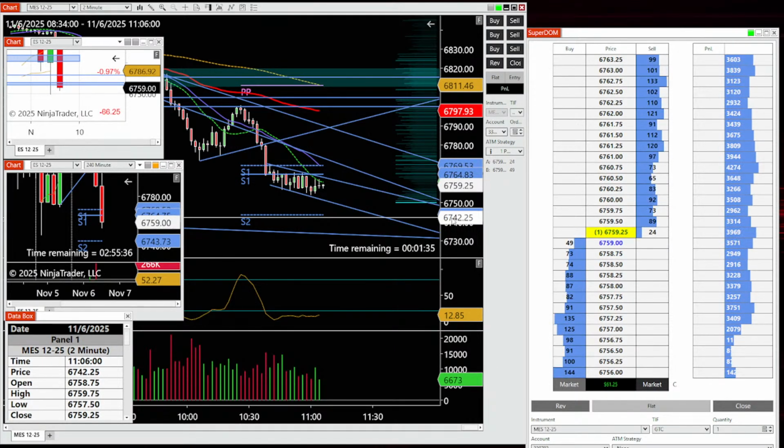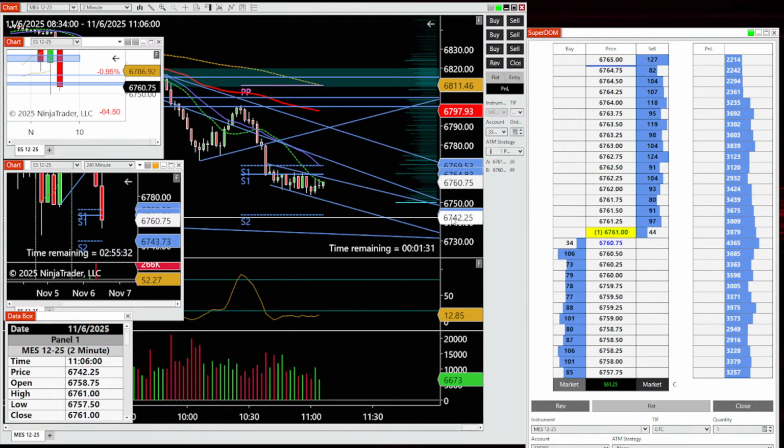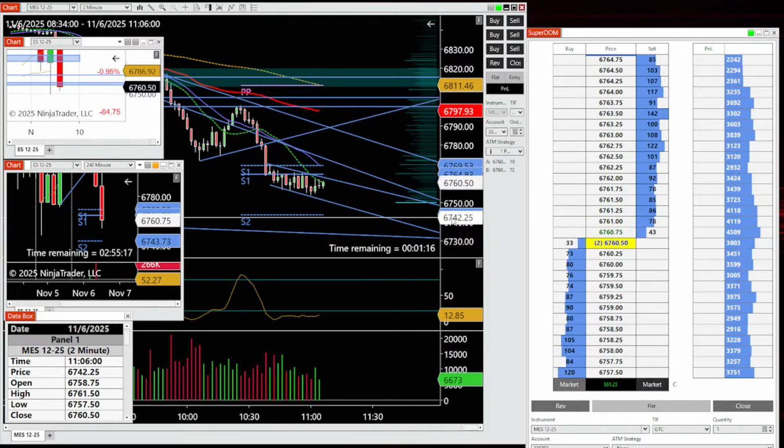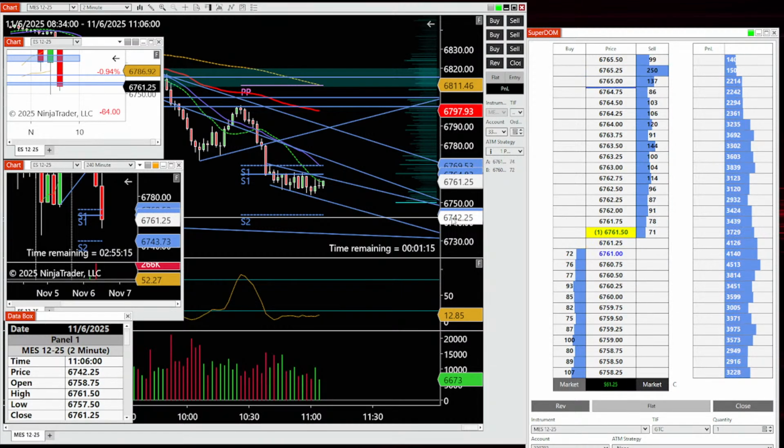Not making any moves, just waiting for it to make a move out of this range and see if we can get a continuation of that move somewhere, up or down. And if it goes without me on a strong move, then it's just gonna go.